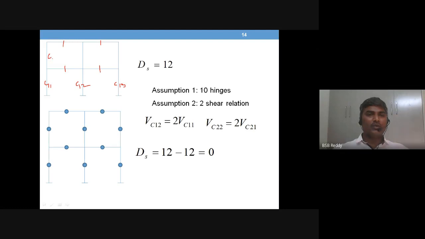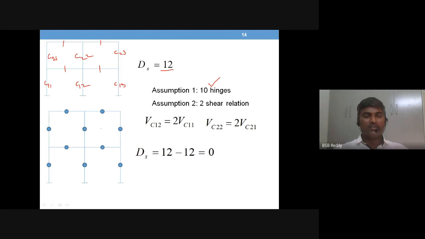Likewise, story 2, column 1, story 2, column 2, story 2, column 3. Now there are 4 cuts. 4 times 3 is 12, the indeterminacy value. Then by putting the hinges at the middle of the member, you have 10.